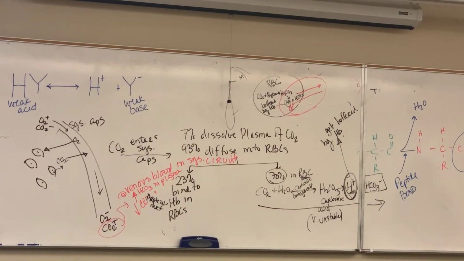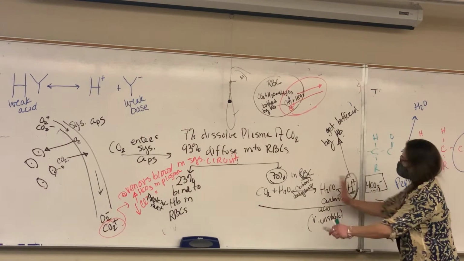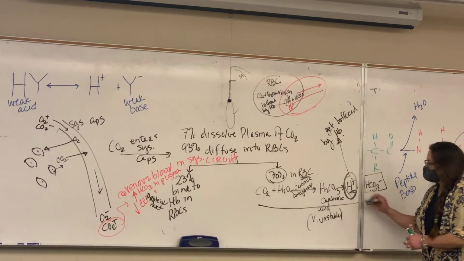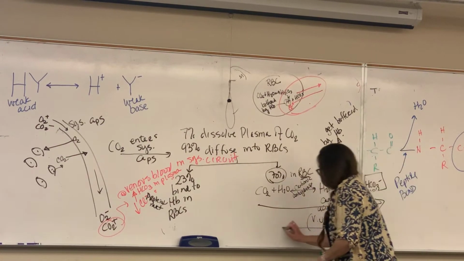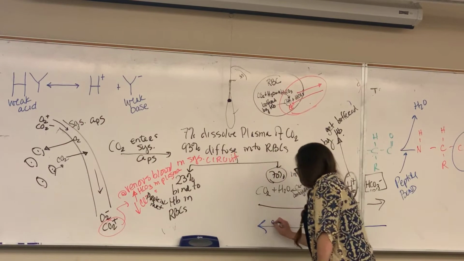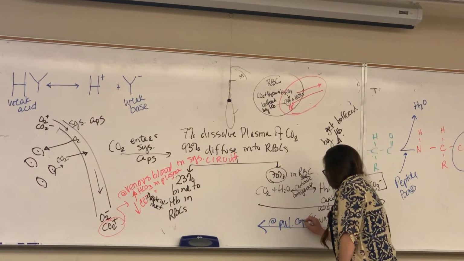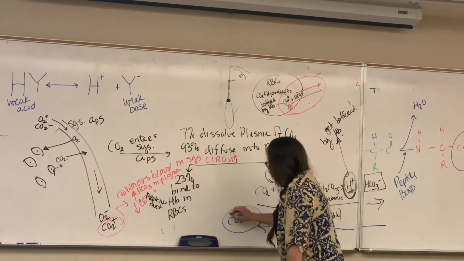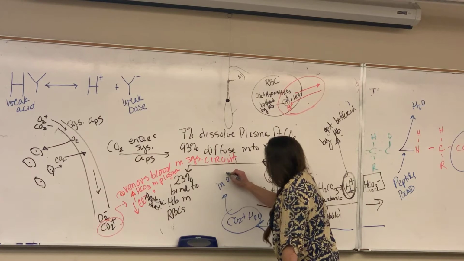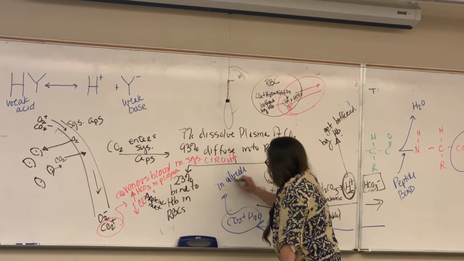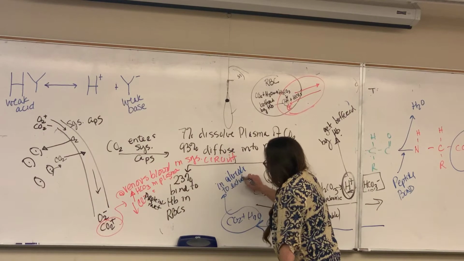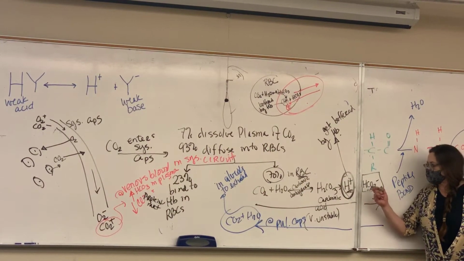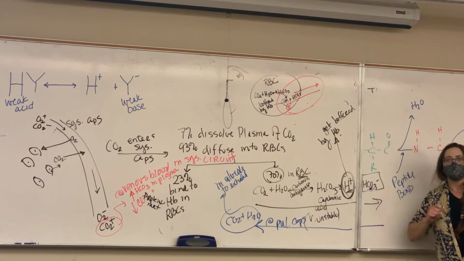At your pulmonary capillaries, we saw all this reaction go in reverse. Not only does this reaction go in reverse, so that we end up producing CO2 and water that will diffuse into the alveoli to be exhaled, we have to then think about, wait a second, that bicarb is not inside of the red blood cell anymore.